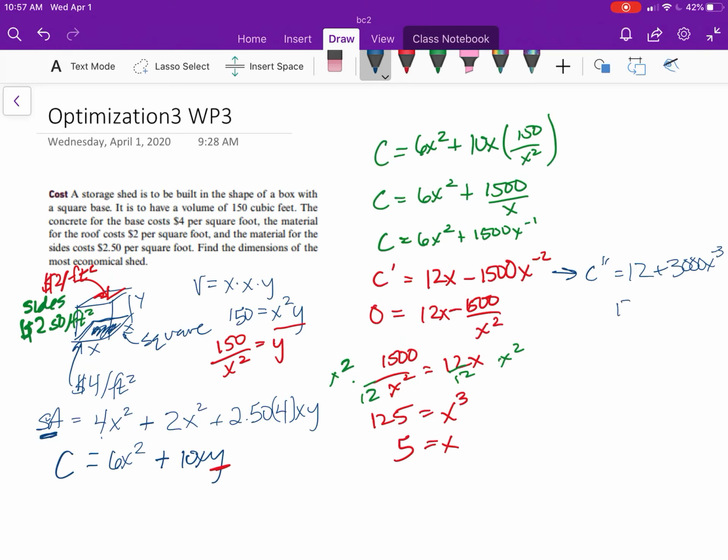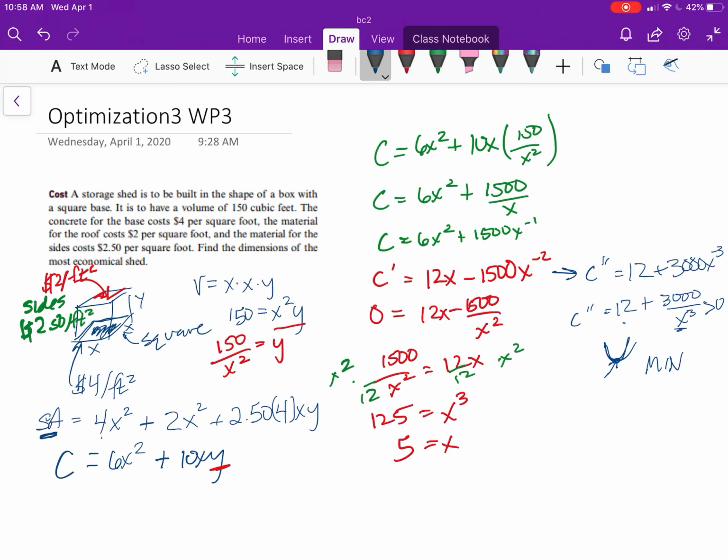What we care is, is it positive or negative? 12 plus 3,000 over x to the third. That's our second derivative, and x has to be positive, so I have a positive plus another positive, which is positive. Second derivative positive means concave up, which tells me it is in fact a min, since the extreme min happens there. Alright, so we're good. It's definitely a relative min. I don't know about the absolute min, but it is a min.